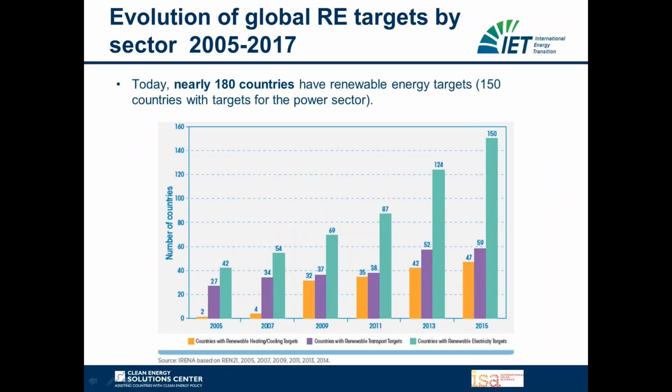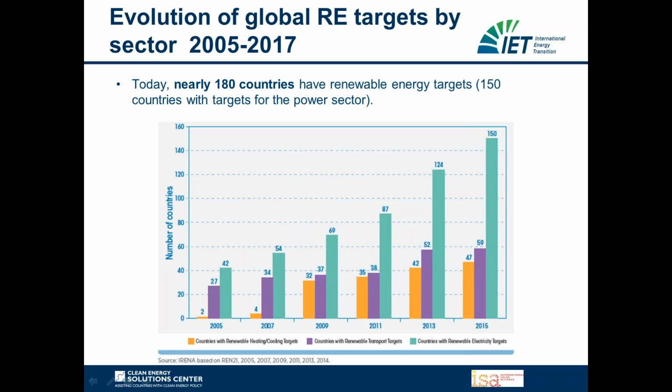Here is a quick look again at how renewable energy targets around the world have spread. You can see here, for instance, the green bar shows you all the targets that have been set in the power sector. So a little bit more than 10 years ago, in 2005, you only had 42 countries with renewable energy targets, and now you have 150 countries which have established renewable energy targets for the power sector.